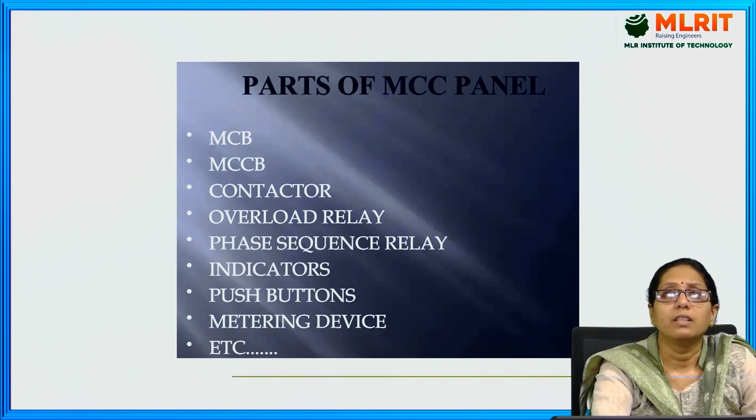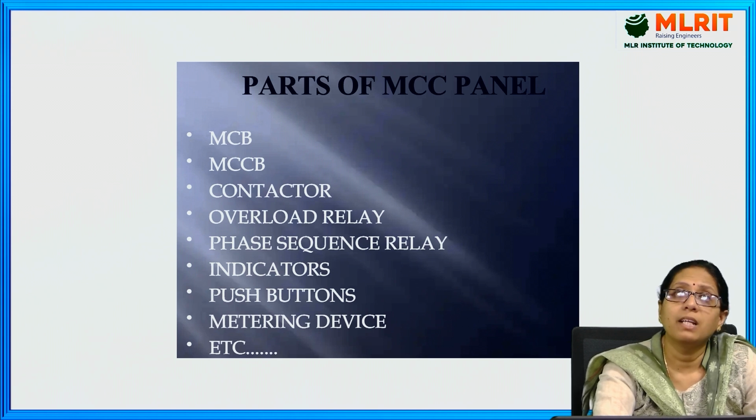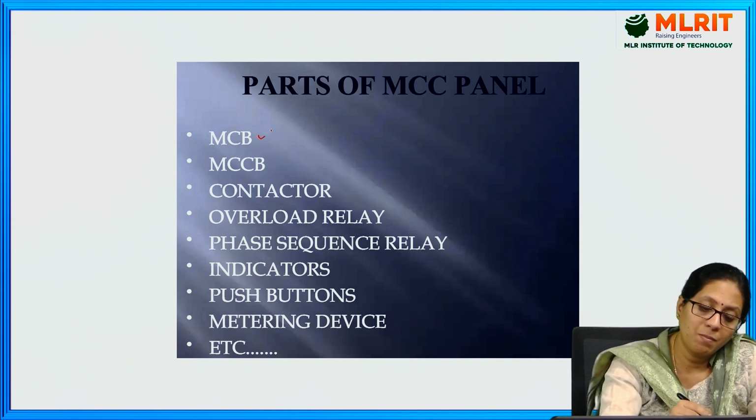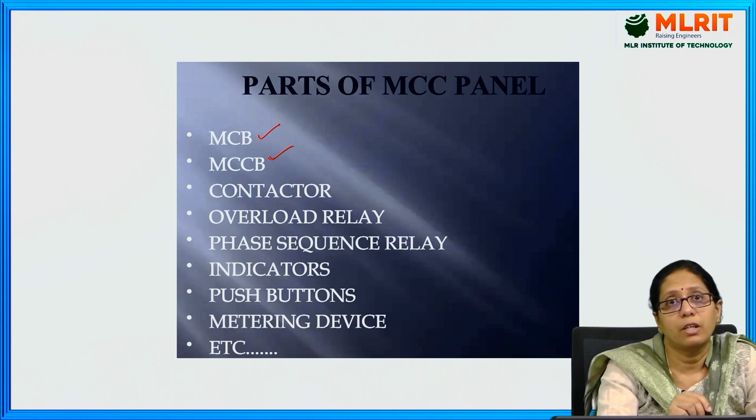Here we have seen the different parts in PCC, and now these are the different parts of the MCC panel. In the MCC panel we will be using the MCB and MCCB. MCB is miniature circuit breaker and MCCB is molded case circuit breaker.